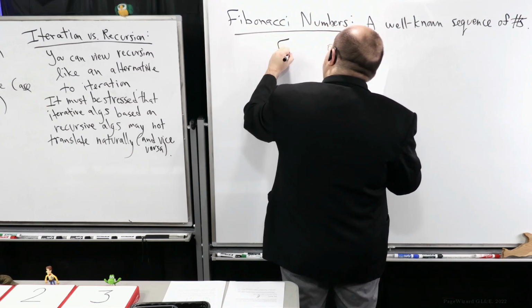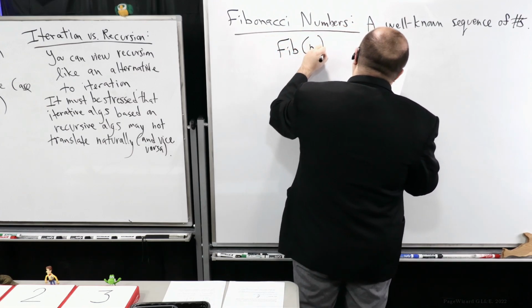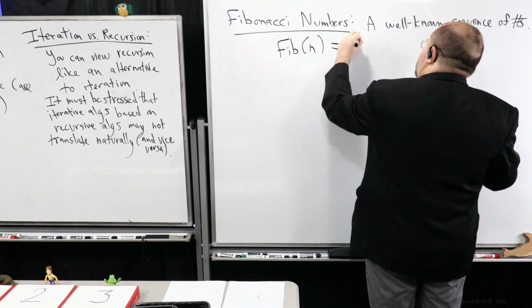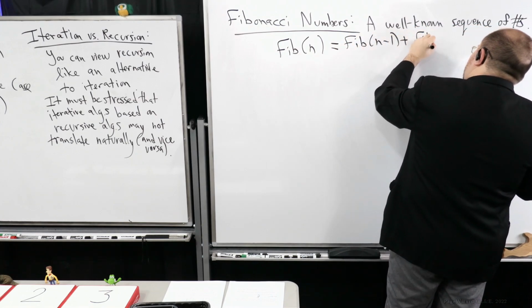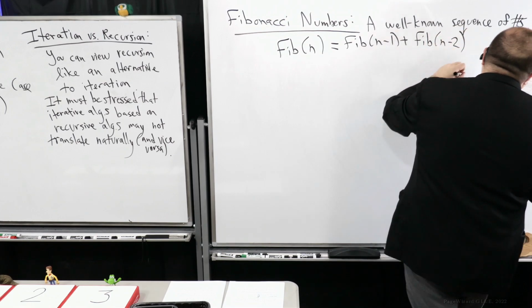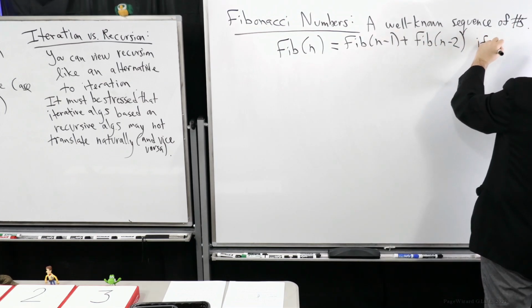So we're going to define fib of n to be fib of n minus 1 plus fib of n minus 2 if n is greater than 2.